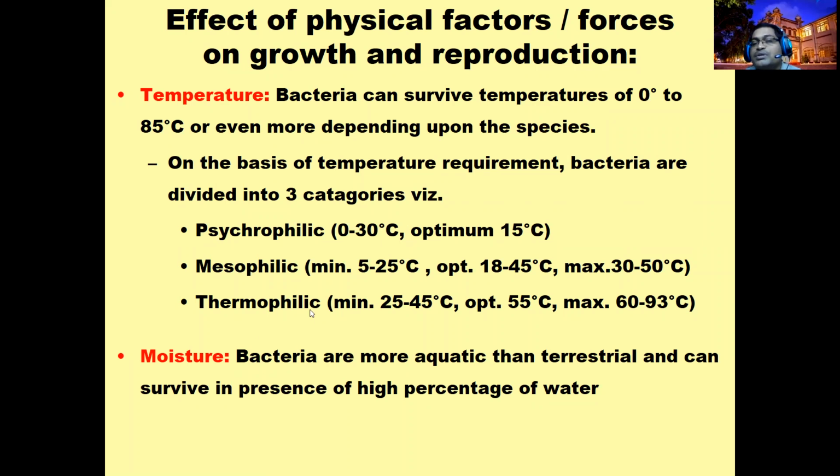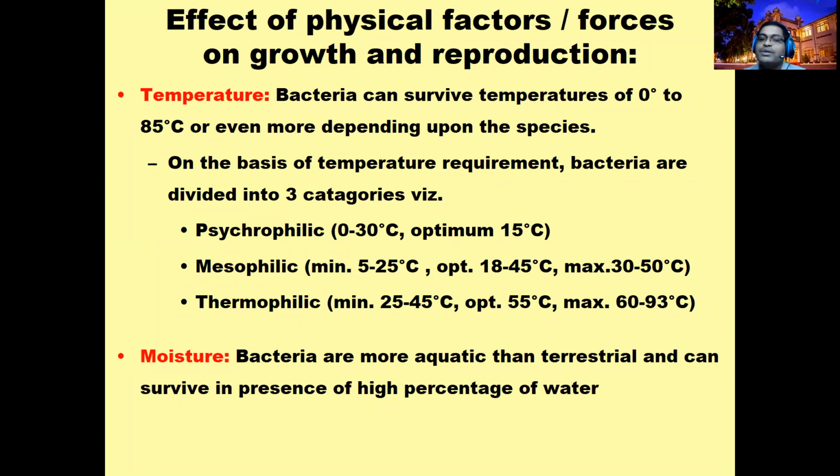The second group of abiotic factors we call moisture. Moisture in the form of rainfall or in the form of RH influences the survival and reproduction of these bacteria. So bacteria are more aquatic than terrestrial. Many bacteria you can expect in aquatic regions rather than terrestrial. They can survive in the presence of a high percentage of water.